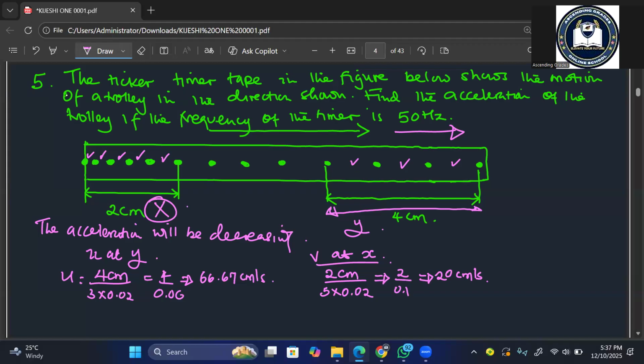Now we have, when we are looking for the acceleration, acceleration will be given by V minus U over T. So in this case, we shall be having our final velocity of 20 centimeters per second minus 66.67 divided by the total time taken.